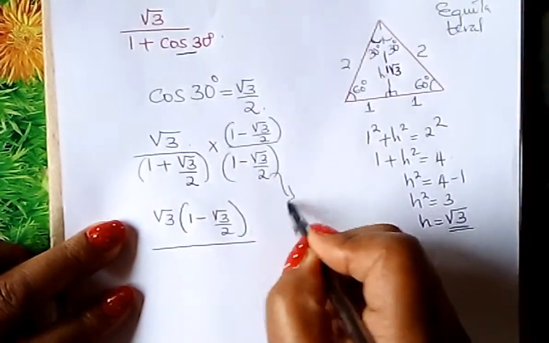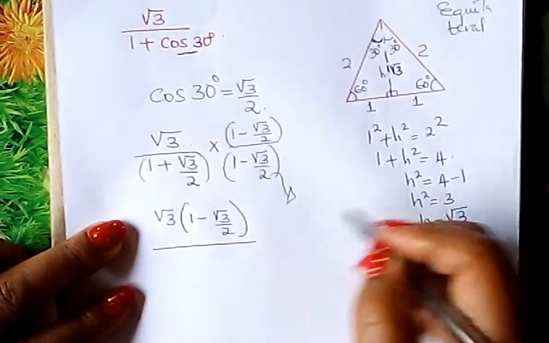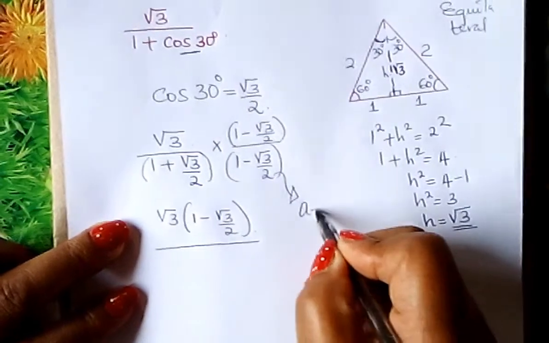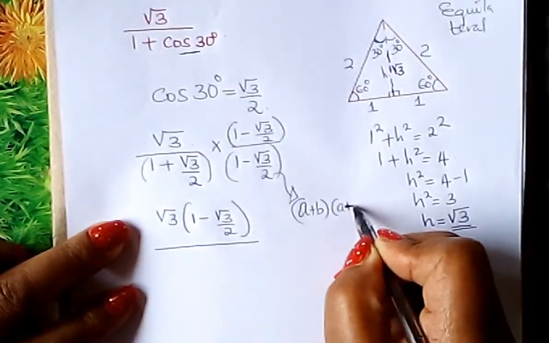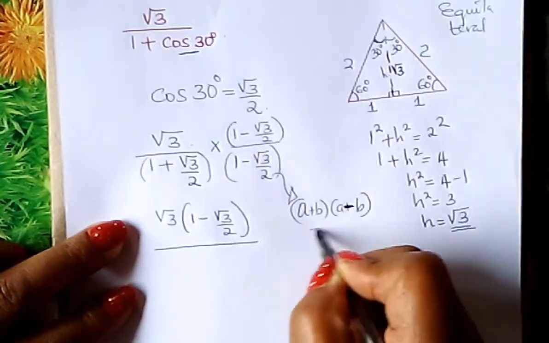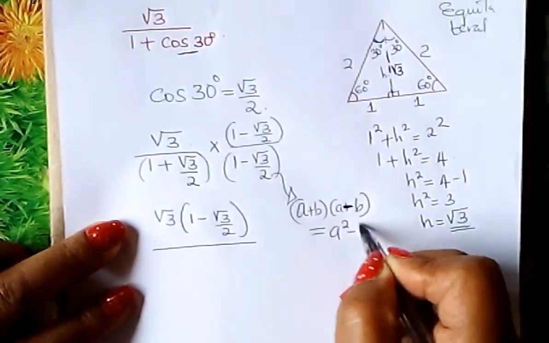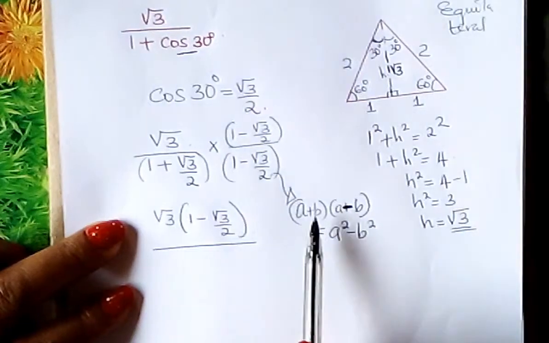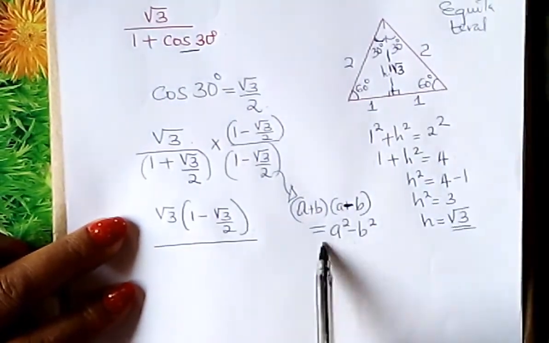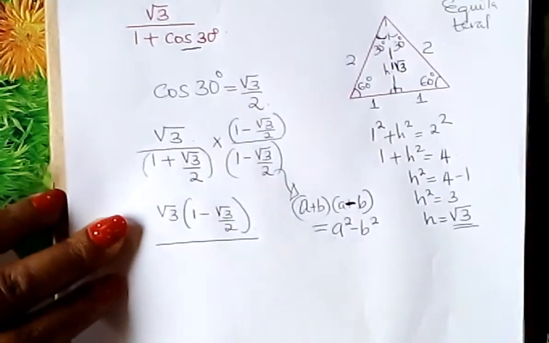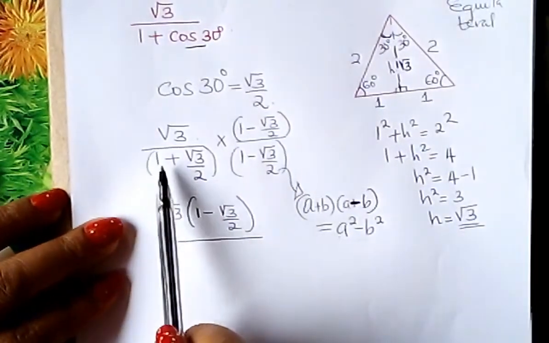So here you just apply the identity, a plus b, a minus b. If you expanded this, we normally get a squared minus b squared. We have used this several times. So the same thing applies to this.